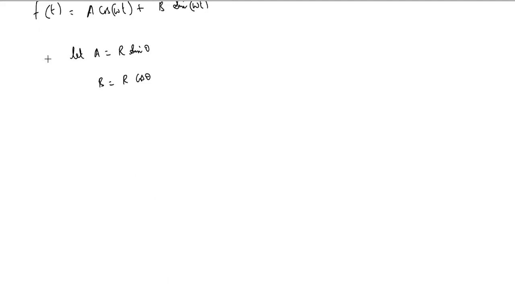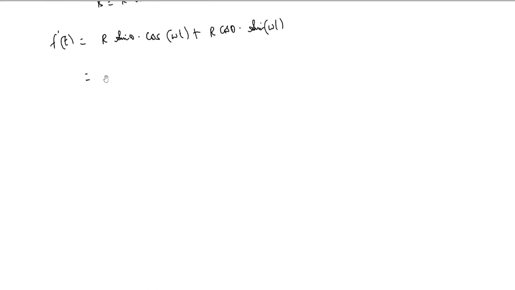When you put it back into this equation, f dash of t equals r sin theta cos omega t plus r cos theta sin omega t. From here r is common. If r is taken outside, what remains is sin theta cos omega t plus cos theta sin omega t.